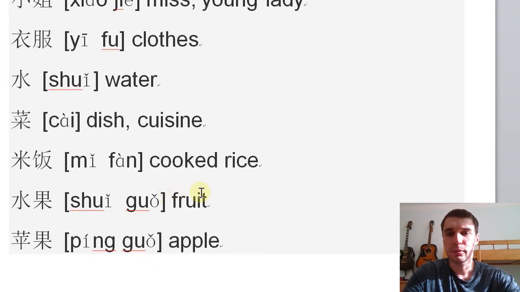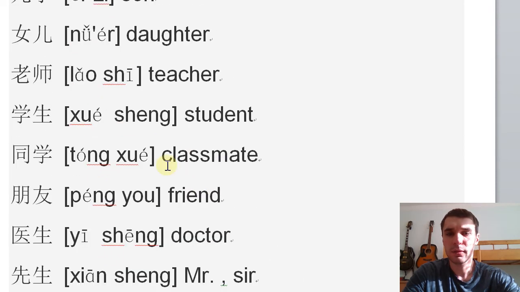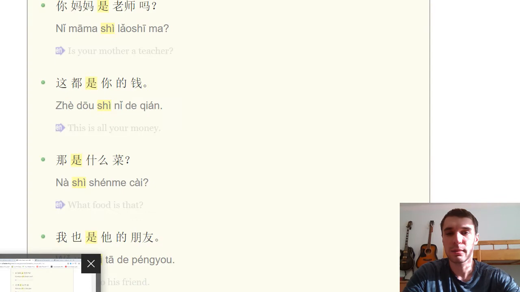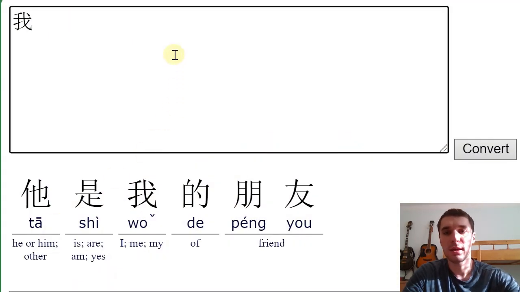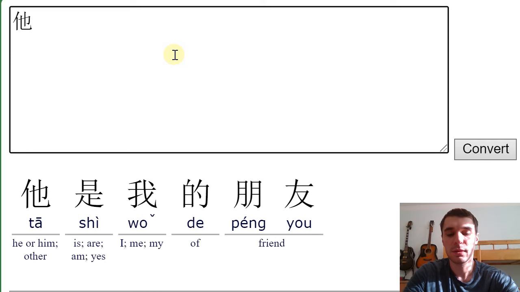Okay, another example. For example, we can say they are classmates. Okay, let's say like this. They are classmates. How to say they? We just write 他, right? I choose this character.